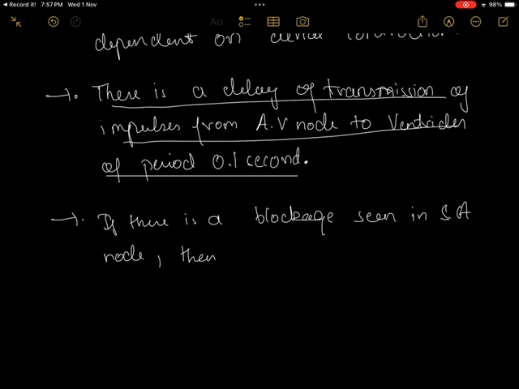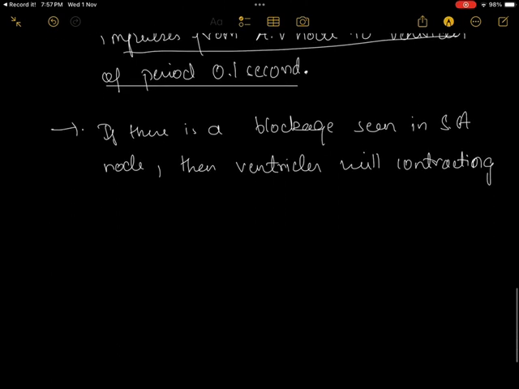If there is a blockage seen in the sinoatrial node, then the ventricle will start contracting with the help of ectopic impulses, which are generated from another part of the heart.